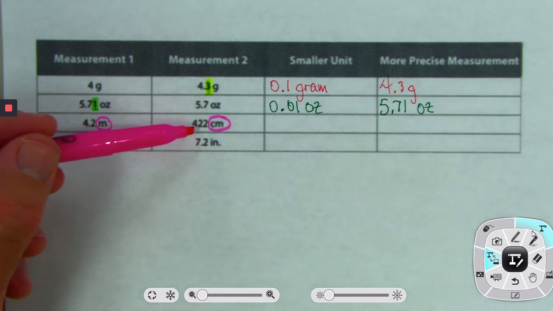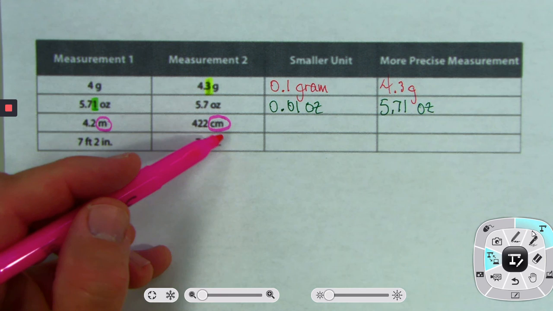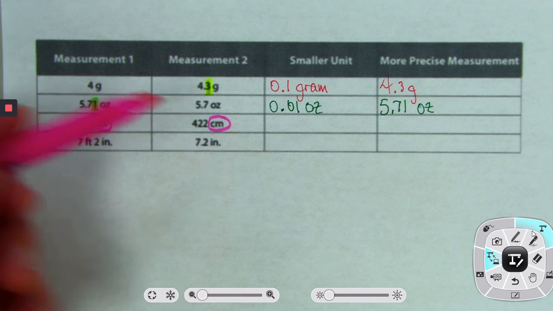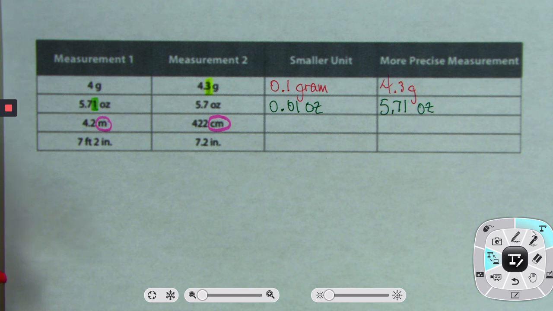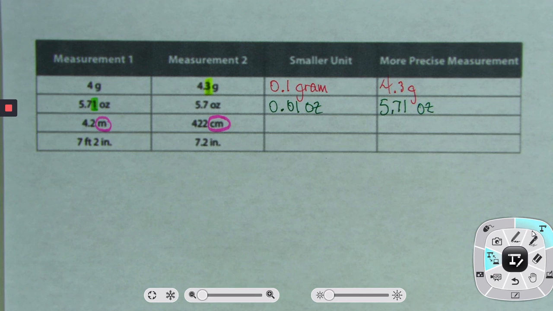Now, even though 422 looks larger than 4.2, our units are not the same. It takes 100 centimeters to equal a single meter. So centimeters are the smaller unit by far.